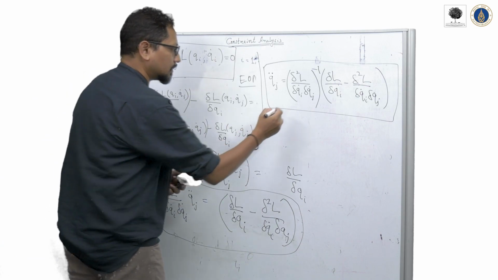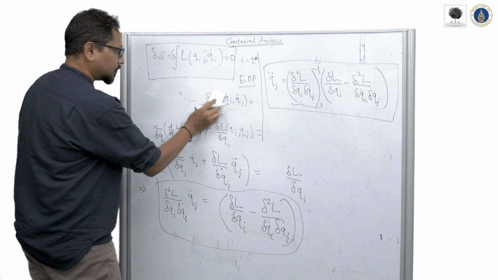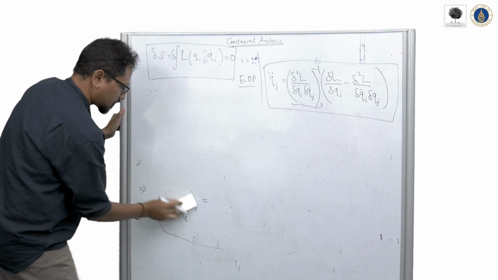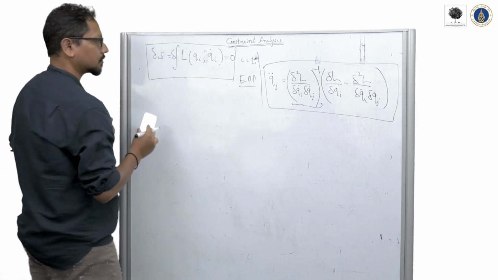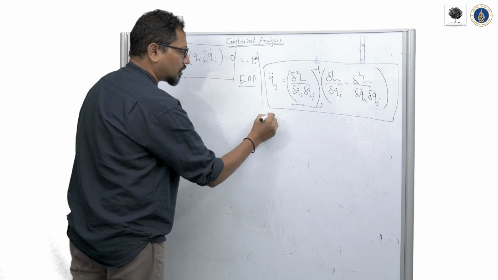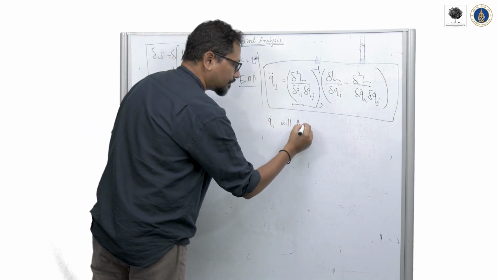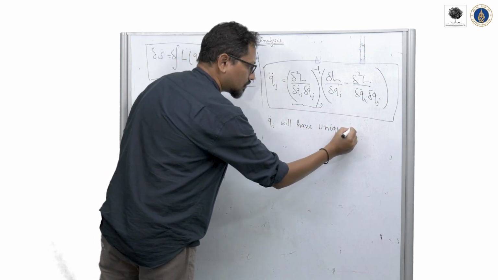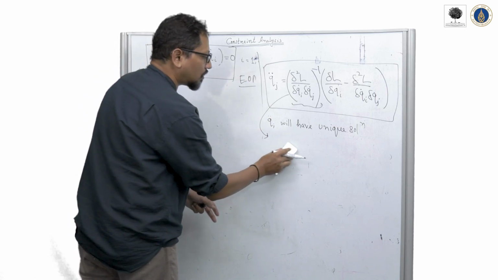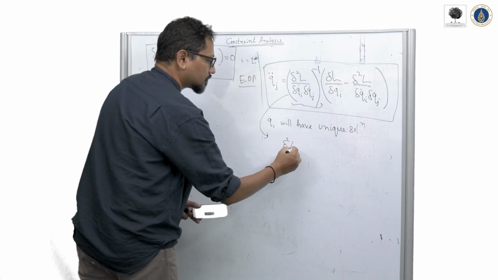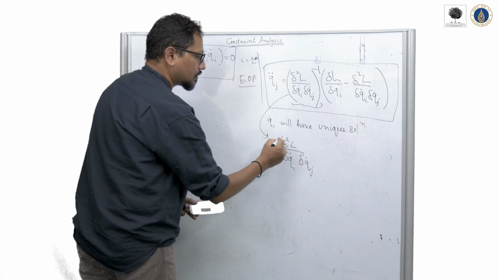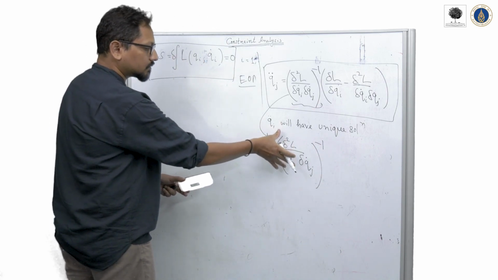But let us analyze this term a bit. It's clear that this Qj double dot will have a unique solution only if the inverse of this matrix exists.